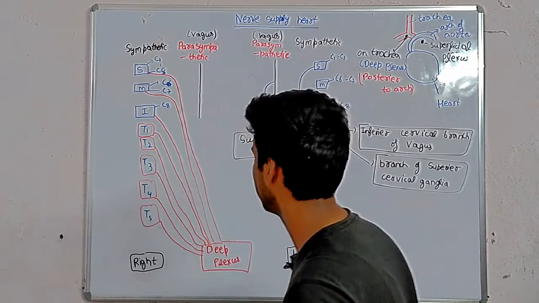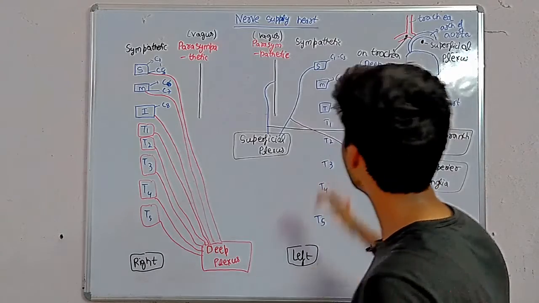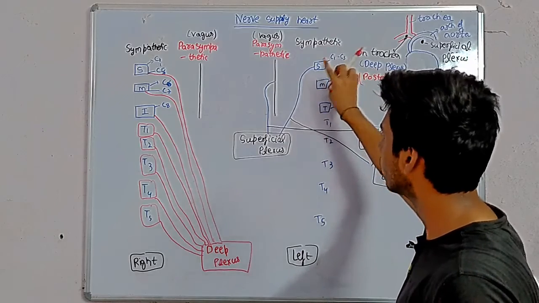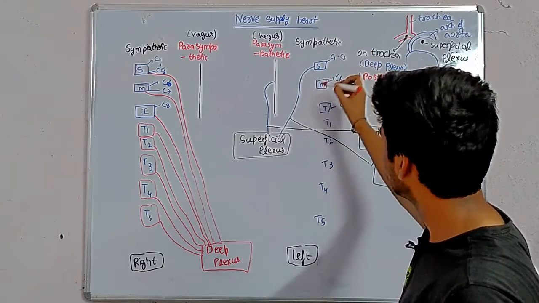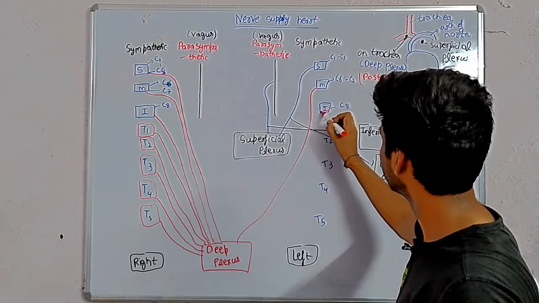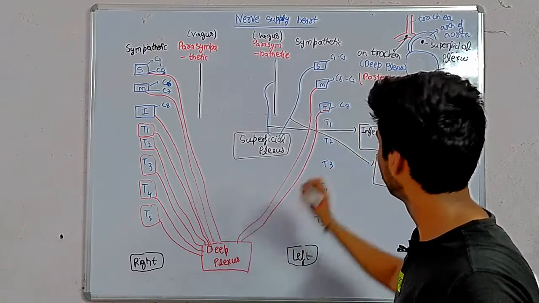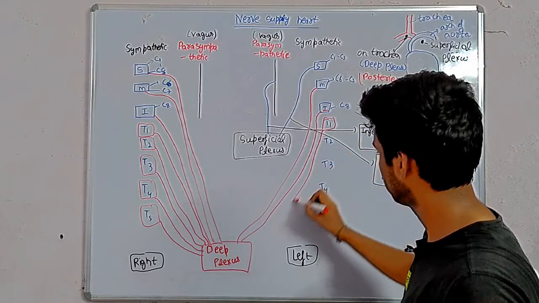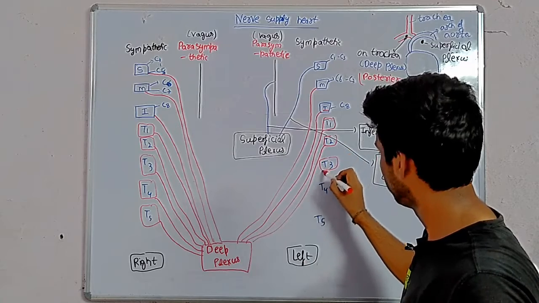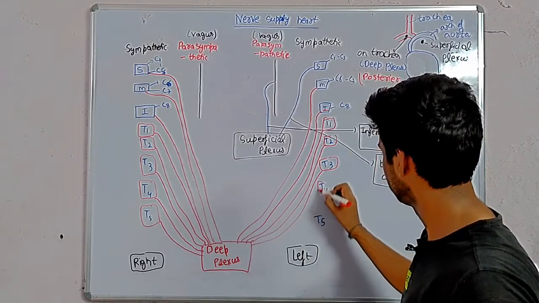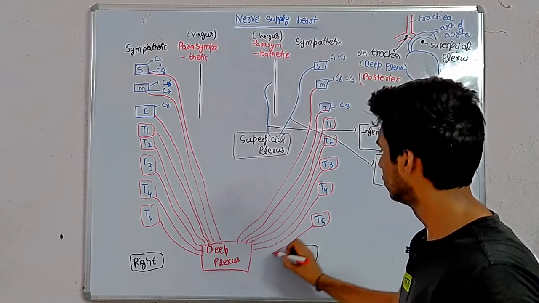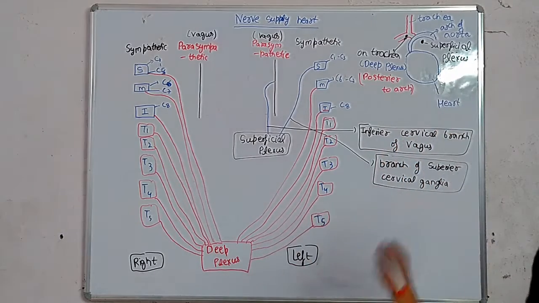This is from the right side. On the left side, remember, except the nerve for the superficial plexus, all nerves go to the deep plexus: no nerve from the superior ganglion, just nerves from the middle and inferior ganglia, and then T1 to T5. This is the whole sympathetic supply.